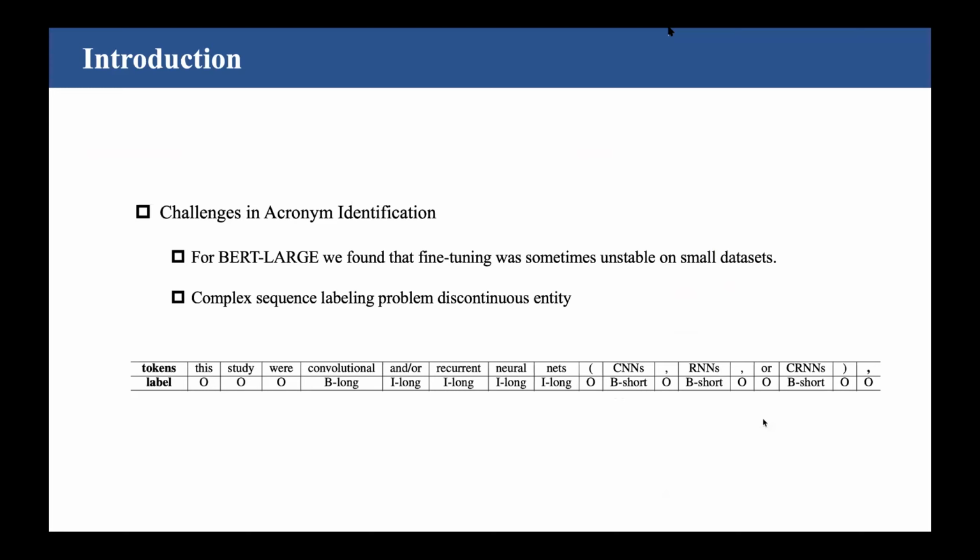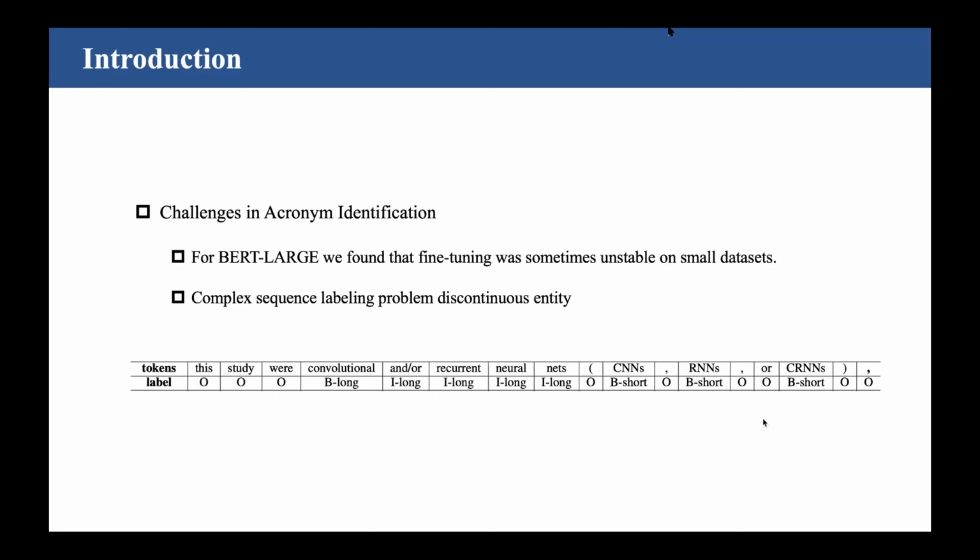There are two main challenges in acronym identification. First, the original BERT paper mentioned: for BERT large, we found that fine-tuning was sometimes unstable on small datasets. In the past 2 years, many studies have shown that the BERT large model does not perform well on small datasets. Second, our task is a complex sequence labeling problem with non-contiguous entities.